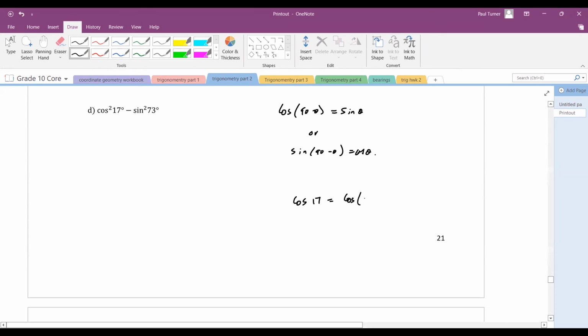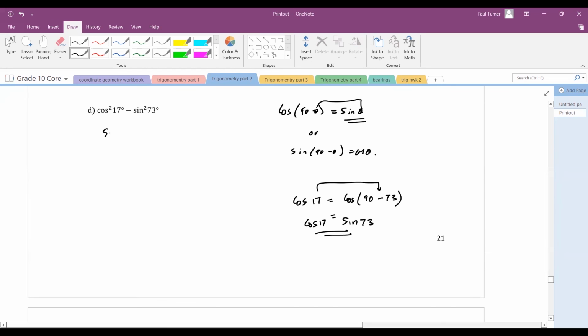So that's 90 minus 73, which is the same as cos 17. Okay, 17 is 90 minus 73, which means that we can rewrite this as sine 73. So cos 17 and sine 73 are equivalent.